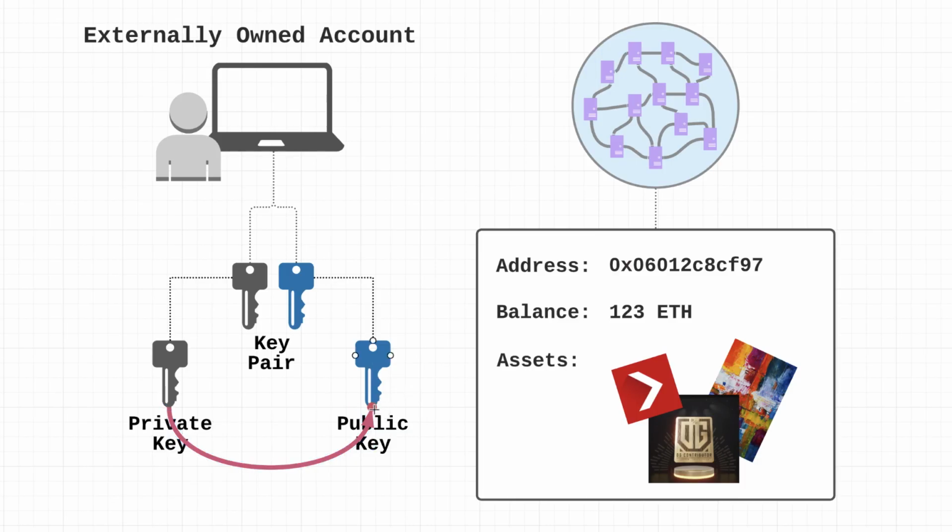In order to generate the address from a public key, you essentially take the hash of this public key, and it's kind of weird, but you take the last 20 bytes of that hash and then add a 0x to the beginning of it, and this is going to give you your address.